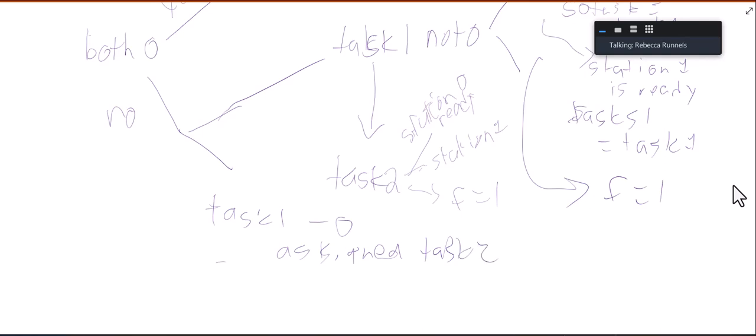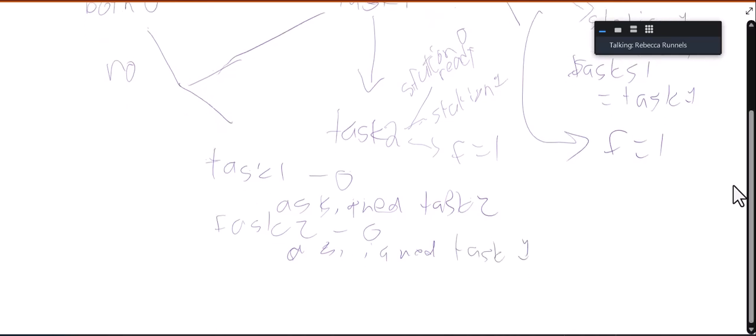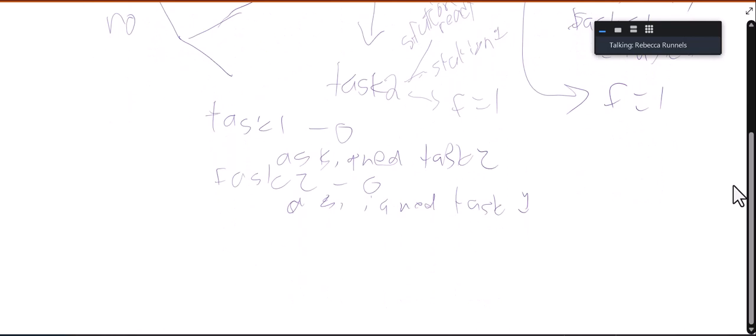And then if task 2 was 0, I assigned task 1. And then if neither one was 0, I just went through and looked at the possibilities.